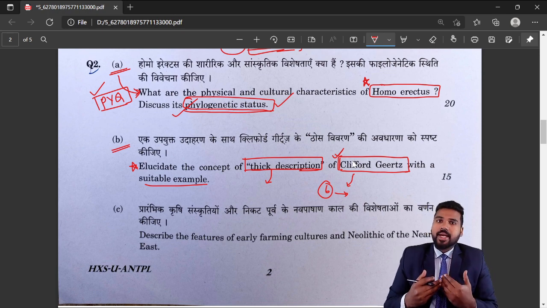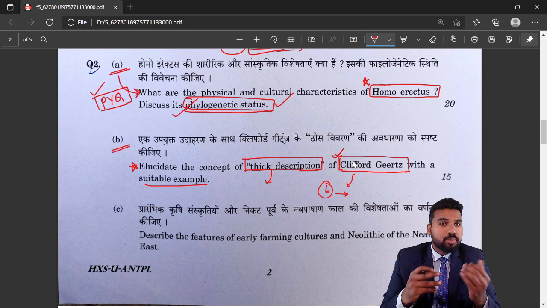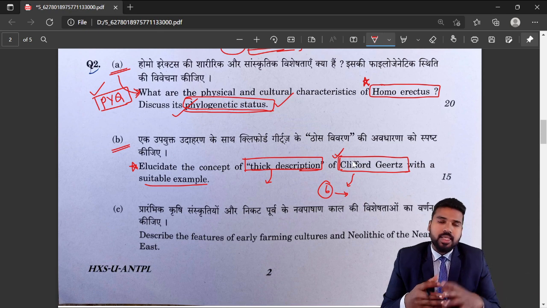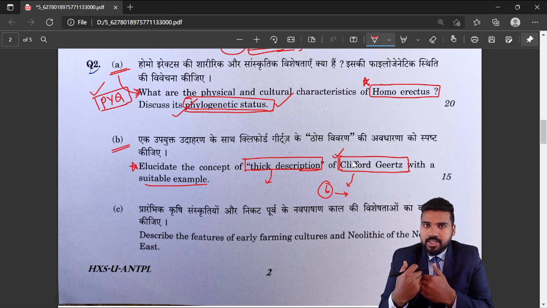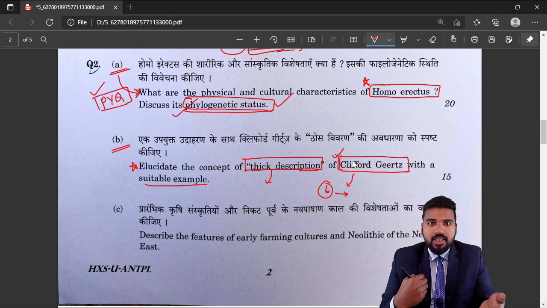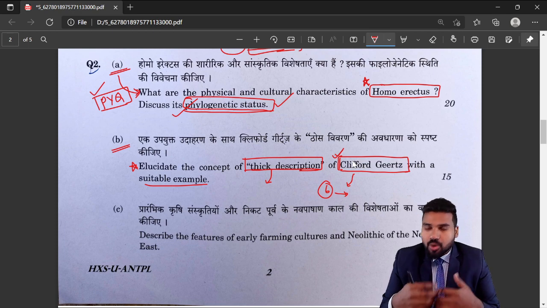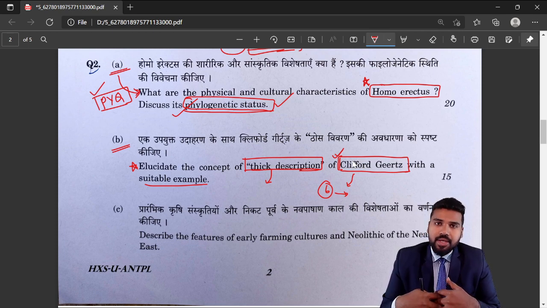See, as an outsider, if you look at that act, you may provide a description which may not be in line with the actor's description. But if you accurately take the description of the actor who is performing the act, that will help you to understand many more dimensions of that particular action. So that kind of description is called thick description.